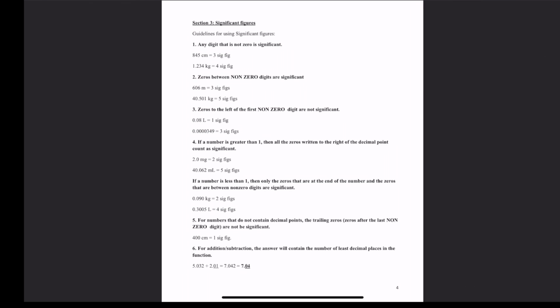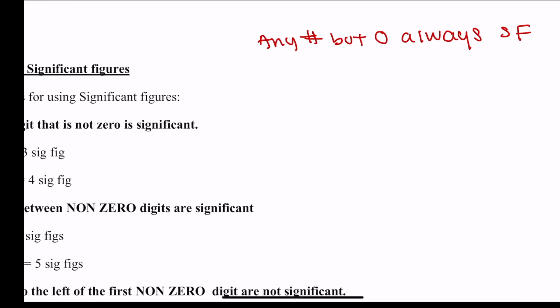So what I'm going to do is make a small chart here, a cheat sheet. So let's say number 1, any number but 0 is always a sig fig. Okay, and for sig fig, I'm just going to put SF.